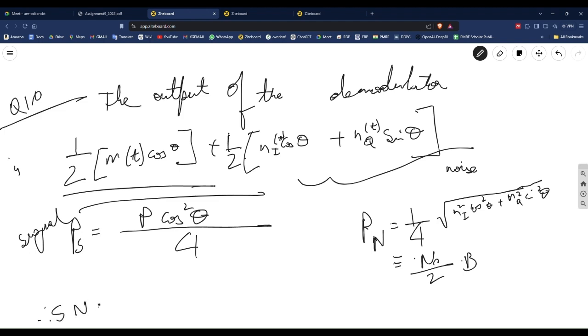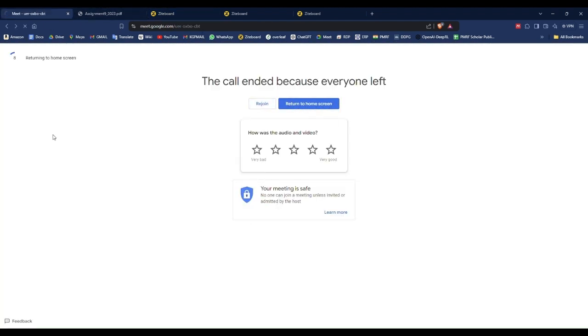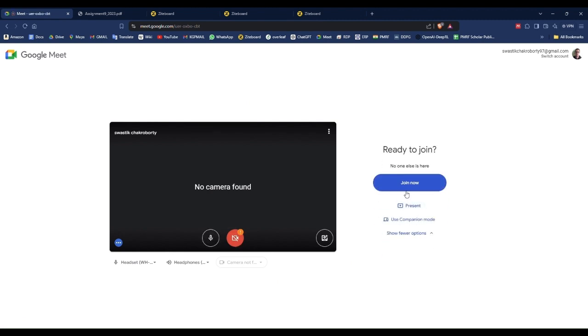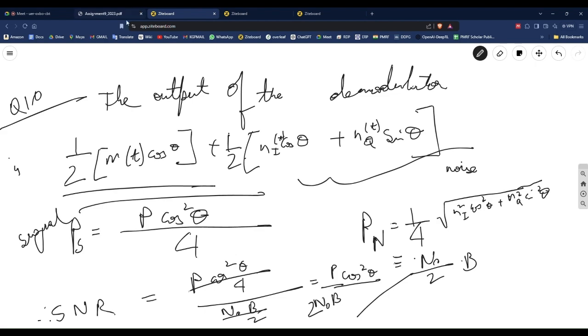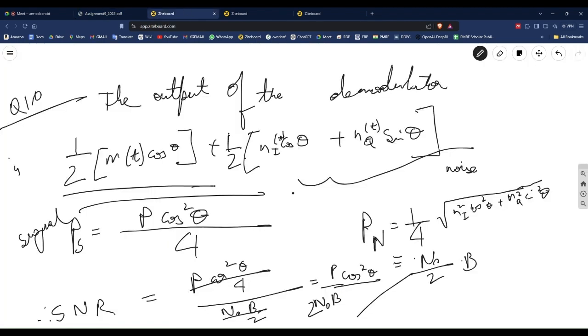Therefore, the SNR is P cos square theta by 4 by N naught B by 2, which is equal to P cos square theta by 2 N naught B. So the final answer will be P cos square theta by N naught B. So this will be option C. The answer will be option C.